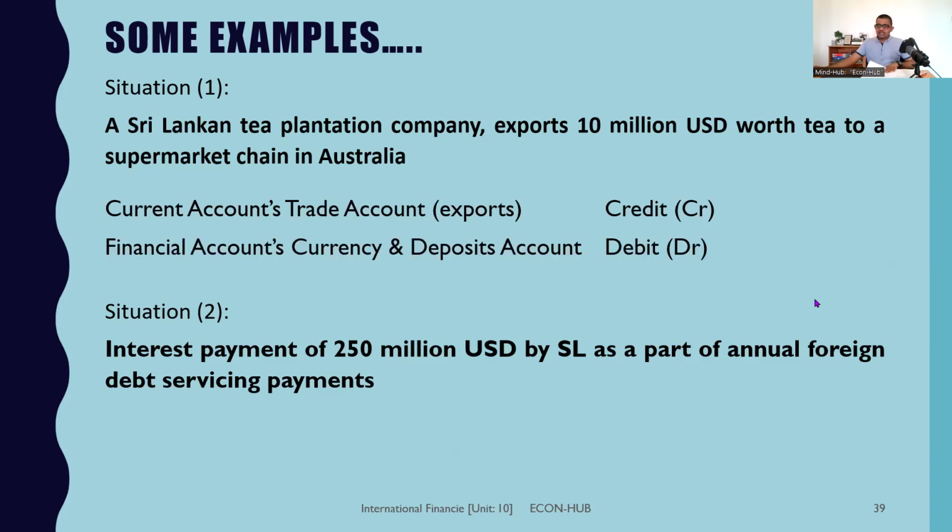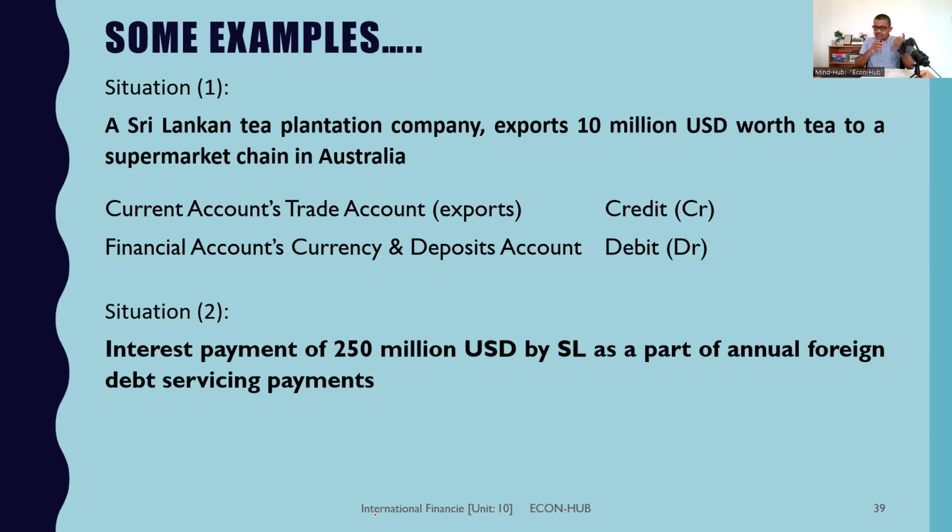Second situation, interest payments of 250 million US dollars by Sri Lanka as a part of an annual foreign debt servicing payment. We've taken foreign debt, and on that, we have to pay the interest and the capital. So how do we record the interest payment?